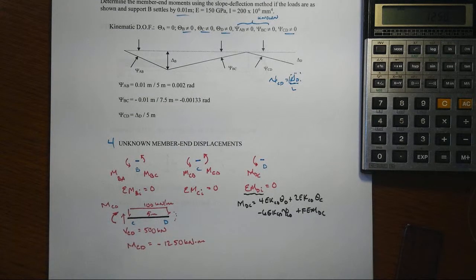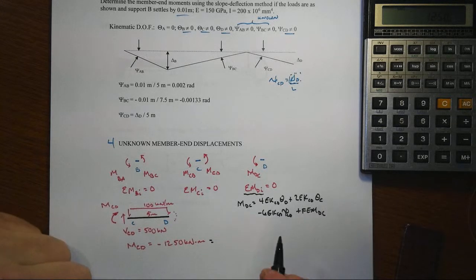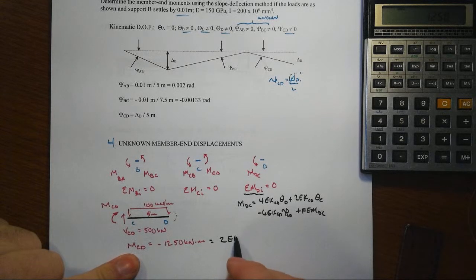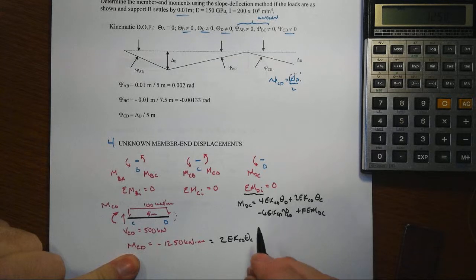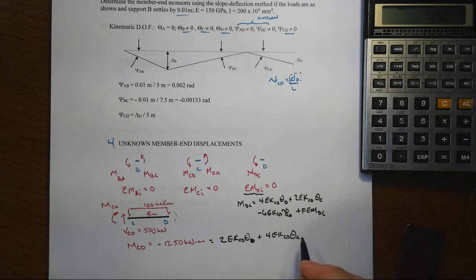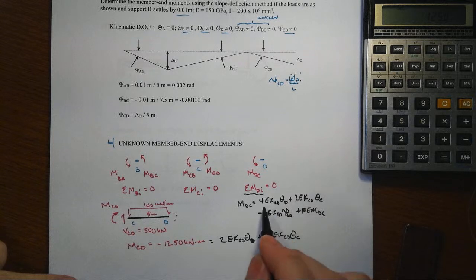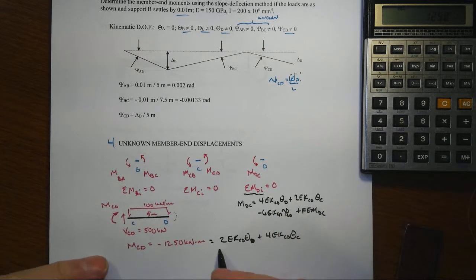And just as before, that's so important, because that gives us this fourth equation, because MCD is equal to 2EK CD theta D plus, I'm swapping the order of things here, plus 4EK CD theta C. I'm keeping the order, but I'm changing the coefficients to reflect near and far ends.